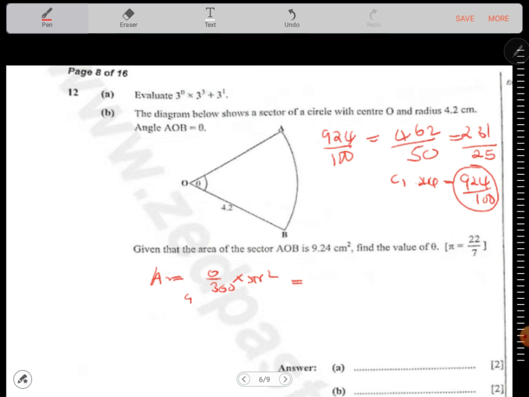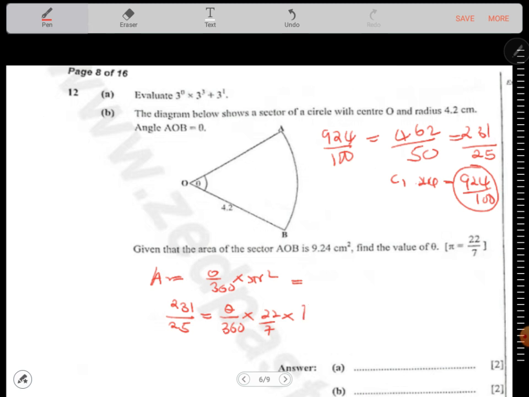So what we have here is 231 over 25, which is equal to theta over 360 times pi, which is 22 over 7, times the radius, which is this 4.2, so we need to square it.